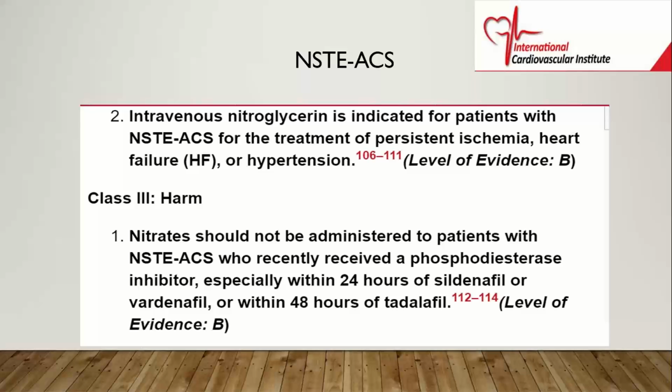And if they're in heart failure due to LV systolic dysfunction, ejection fraction less than 40%, when you give intravenous nitroglycerin, it unloads the heart. It decreases venous return, so it will relieve congestion.